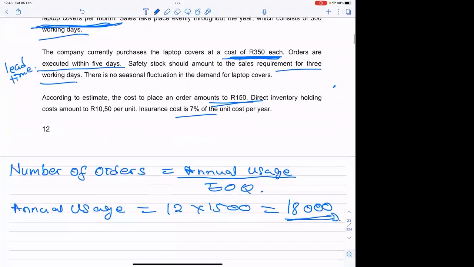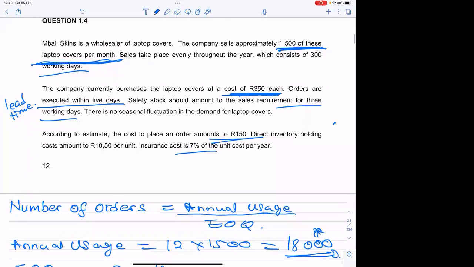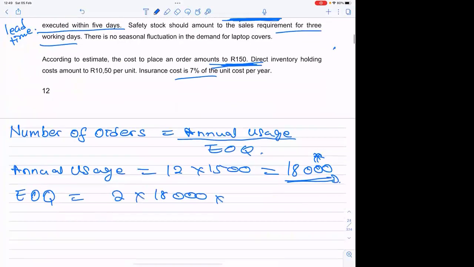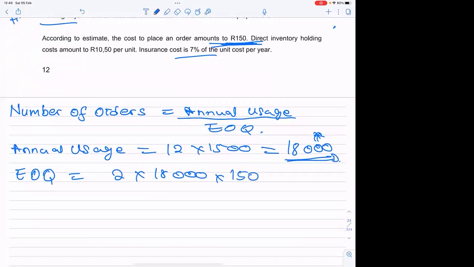Then the next thing is to calculate the economic order quantity, which is the square root of 2 times annual demand, 18,000, times the cost per order. How much is the cost per order? 150. Divided by the holding cost per unit.